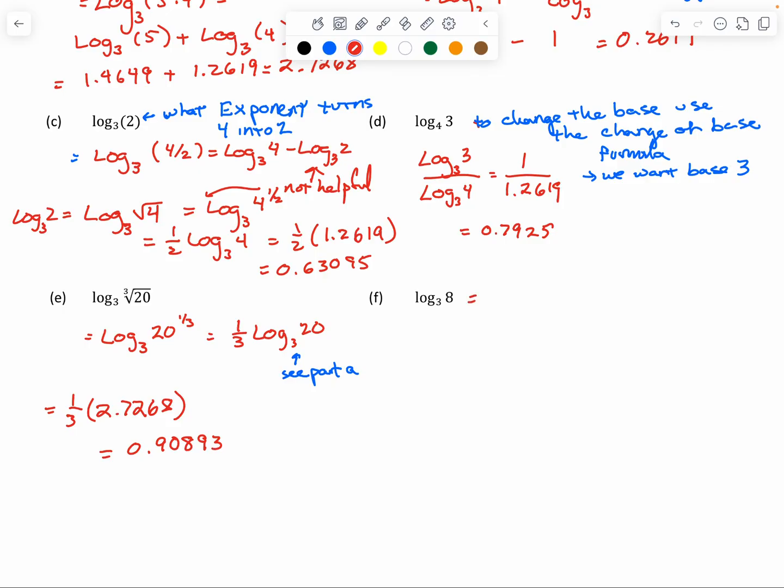You can do log base, but either way, you're going to need log base 3 of 2. I'll just do 2 cubed. And we already calculated that. There we go. Okay.